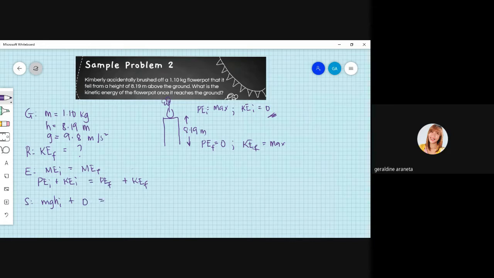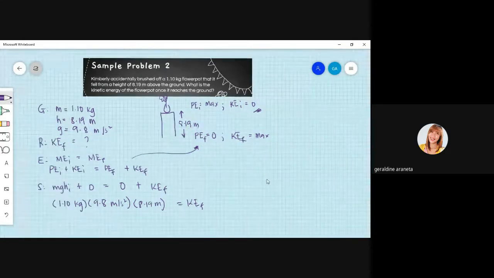Nung nakarating na siya sa ground, the final potential energy has become 0 plus KEF. Alright? Then, substitute M is 1.10 kilograms times 9.8 meters per second squared times the height 8.19 meters equals KEF. So no need to write the 0.